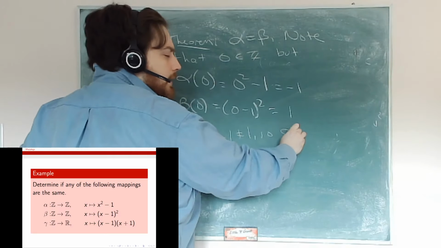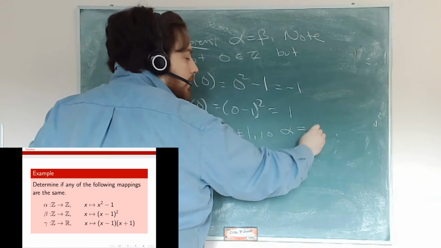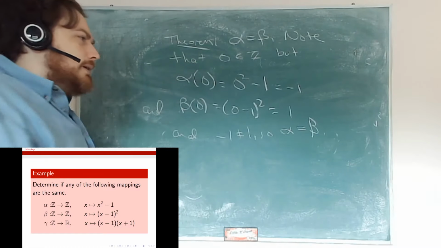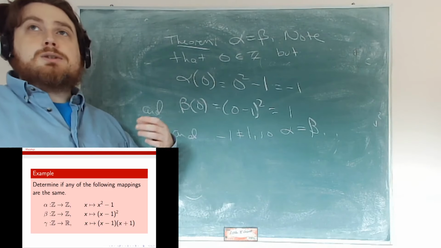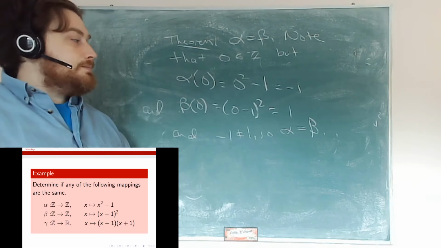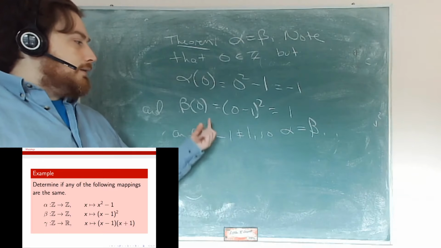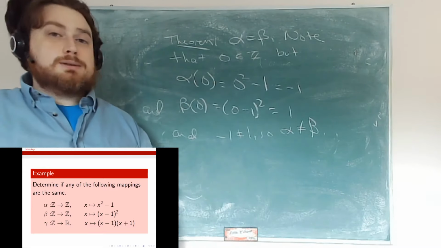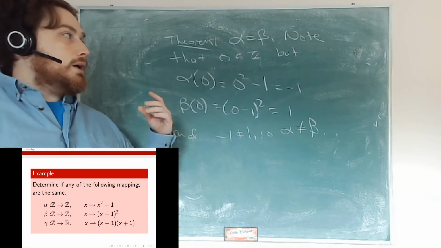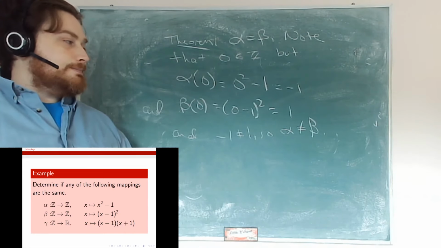So we found one example of where alpha maps something to a different place than beta does. So one example is enough to show they are not equal. Hence, alpha and beta are not equal mappings. And all we need is one counterexample to show not equal.